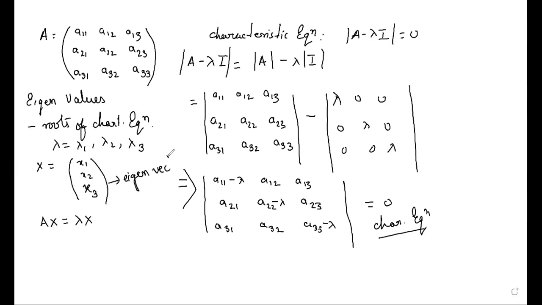Now we will move on to some particular problems where we find both eigenvalues and eigenvectors. In each and every problem, first we find the eigenvalues, that is the values of lambda. Then putting the values of lambda over here, we get the values of x, which are our eigenvectors. All right. I think the basic theoretical idea behind eigenvalues and eigenvectors, is it clear to all of you? Right?